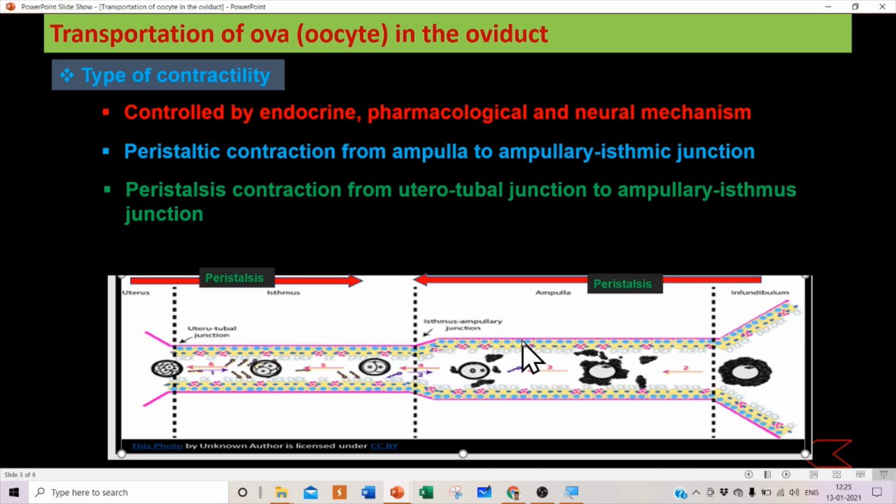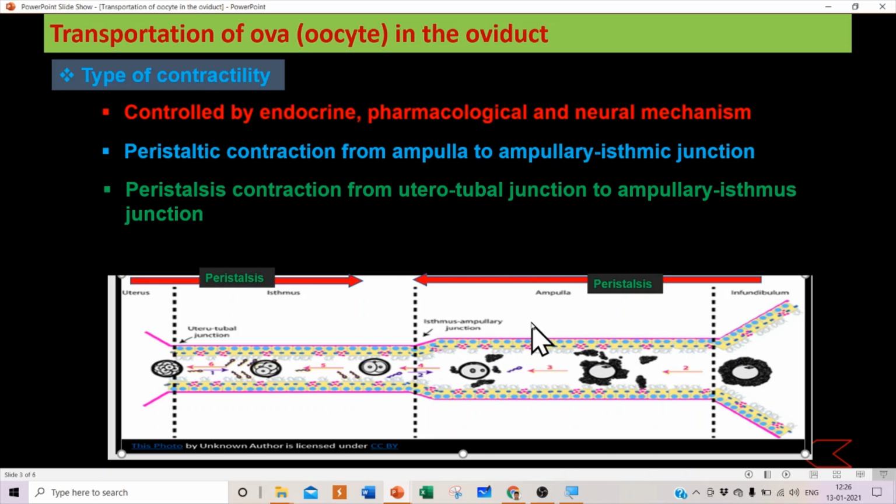this side toward the ampulla or isthmus ampullary junction. Another peristalsis movement starts from the uterotubal junction and moves toward the isthmus ampullary junction. Sometimes we call this antiperistalsis and peristalsis movement.